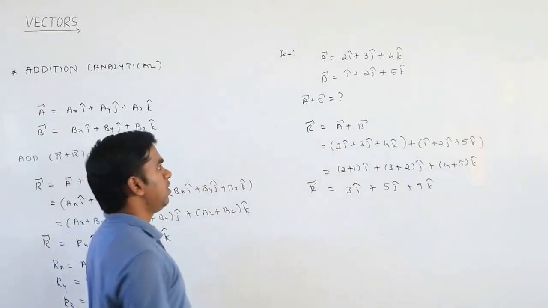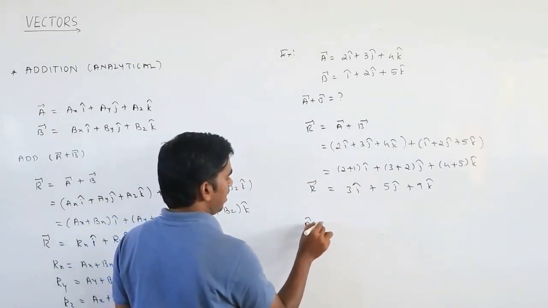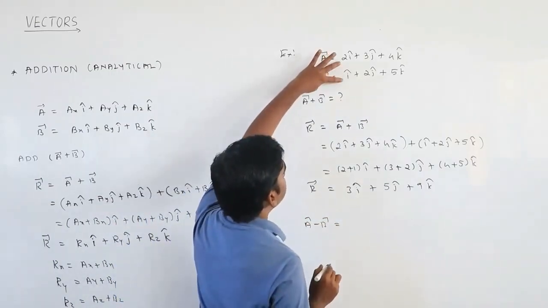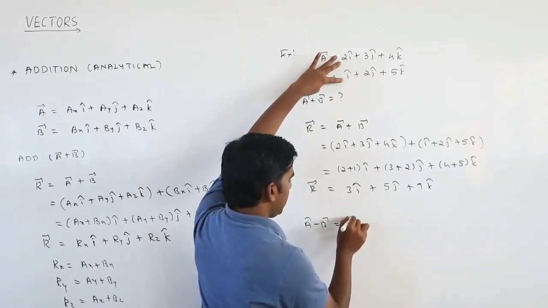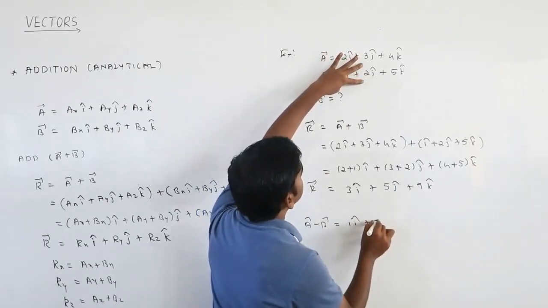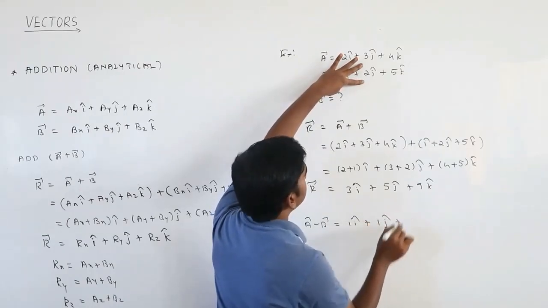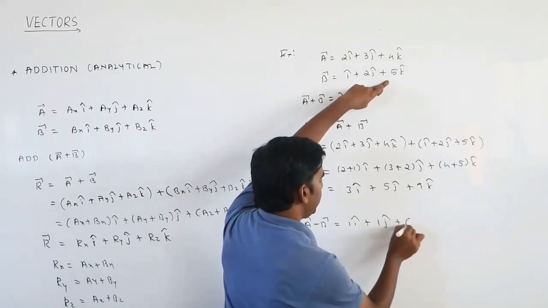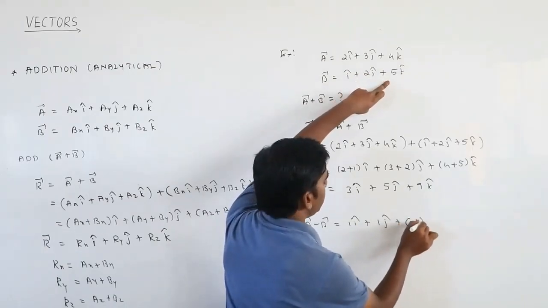If you want to subtract these two, vector a minus vector b, then 2 minus 1 is 1 i cap plus 3 minus 2 is 1 j cap plus 4 minus 5, which becomes minus 1 k cap.